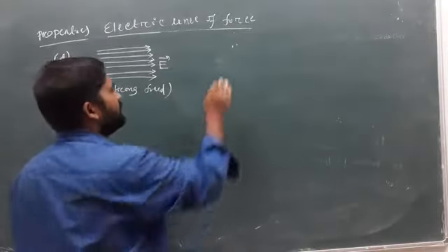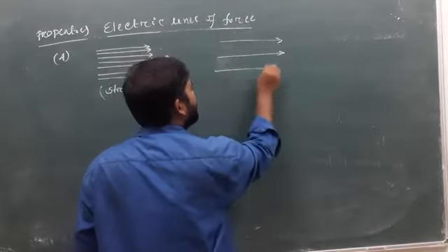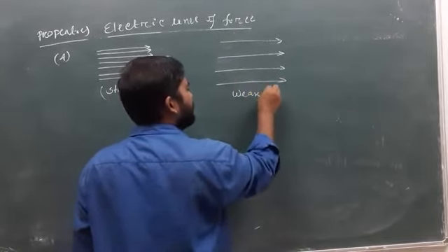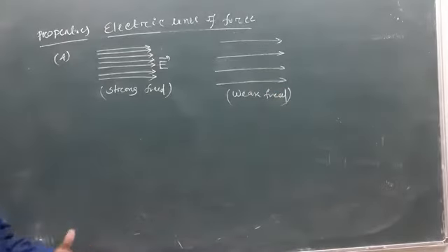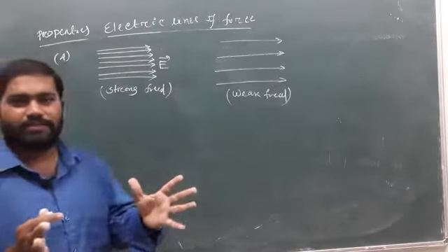And when the electric lines of force are loosely packed, that means the gap between the lines is very large, they represent a weak field. So in any weak field, the electric lines of force are loosely packed.